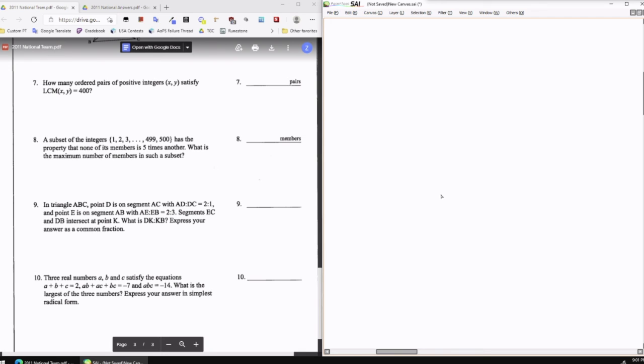So for this problem, the main thing to notice is to think about what you can do with the problem that still satisfies the constraints but makes the problem easier to work with.